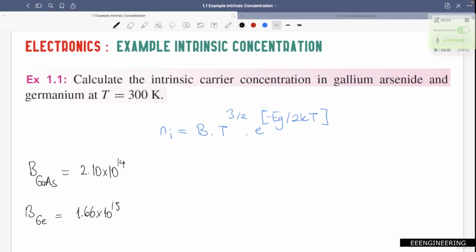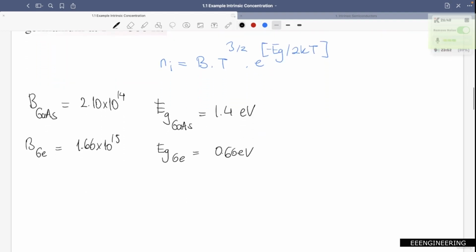What about the energy band gaps of these two semiconductors? Eg for gallium arsenide is about 1.4 electron volts, and Eg for germanium is about 0.66 electron volts, as far as I can remember. Now, with the information we have, we can easily solve the question.